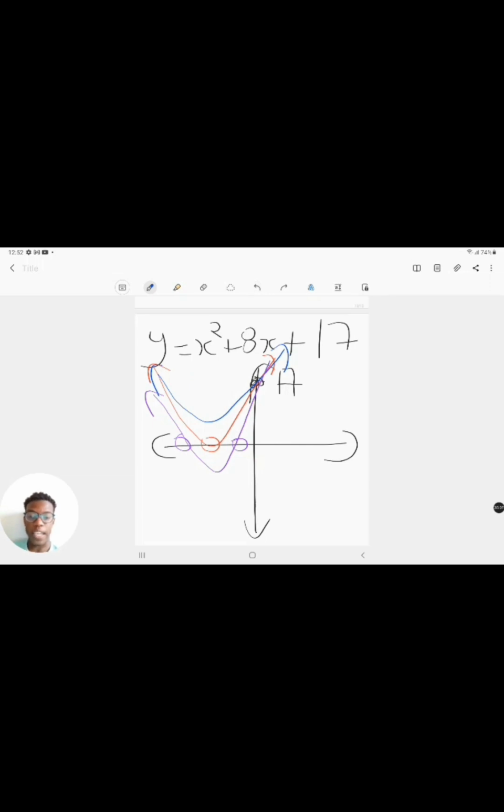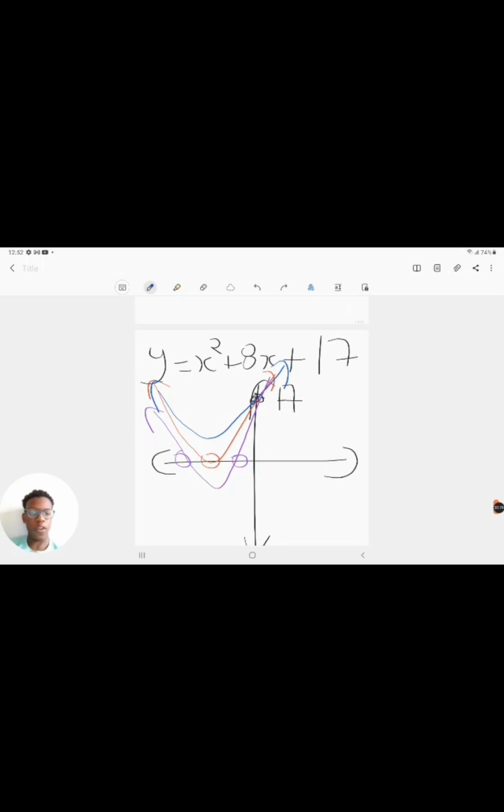Because we know that if the purple applies, if the graph has two x-intercepts, then we've got two roots that are unequal, but they are real. If the red applies, then we've got two roots that are equal and real. If the blue applies, then we have a graph that has non-real roots.